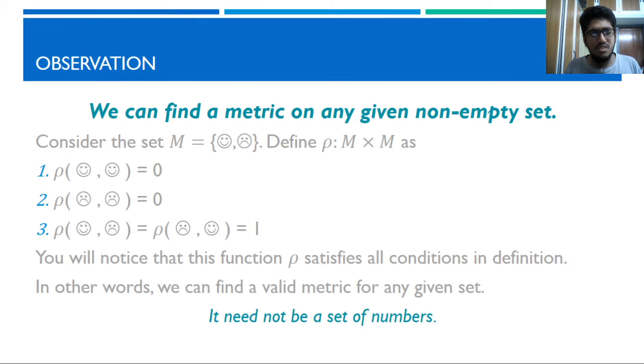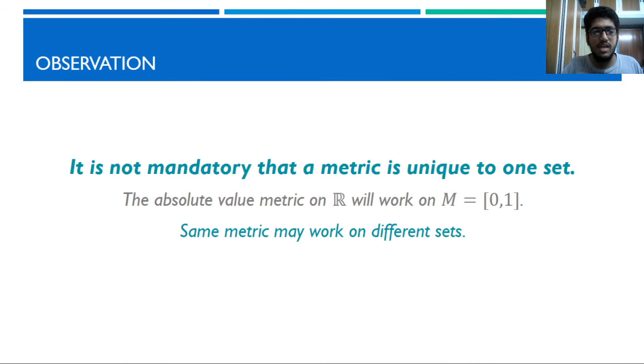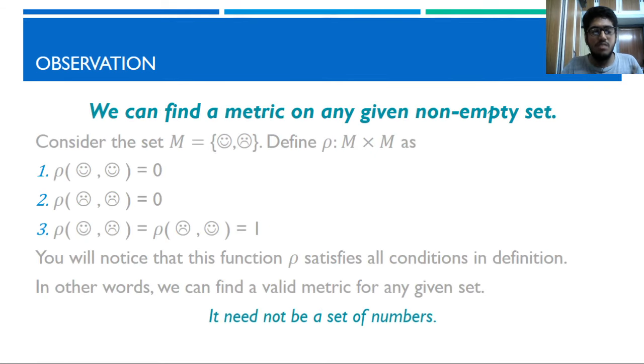In fact, you will see that this is similar to the discrete metric we defined on R, and discrete metric works on this set M as well as the set R. So again, emphasizing the previous observation that the same metric may work on two sets, and I'm being careful in saying the same metric may work on two different sets. Some metrics will work on some sets and will not work on other sets.